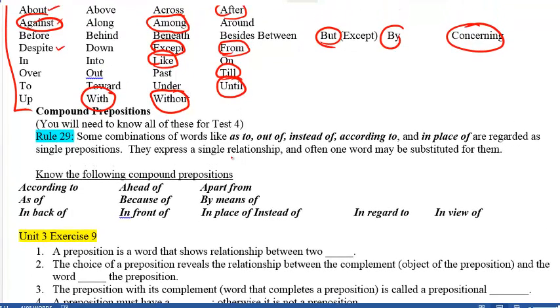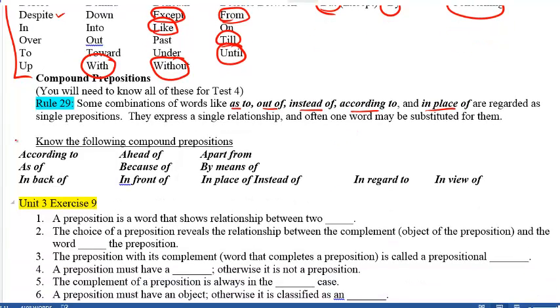Now, some prepositions, like as to, out of, instead of, according to, and in place of, are regarded as single prepositions. They express a single relationship, and often one word may be substituted for them. You also need to know these. So if on the test, let's say in place of is part of the sentence, and I tell you to identify the preposition, you absolutely must write all three of those words.